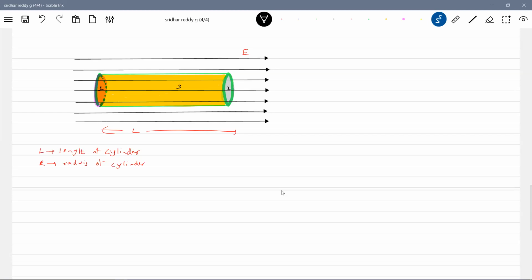Now, what is the flux through each surface here? First we'll calculate the flux at 1. I should define the n cap here. The n cap for this will be in this direction. It's a closed cylinder. The n cap for this will be like this, and the n cap for surface 3 will be in this direction.